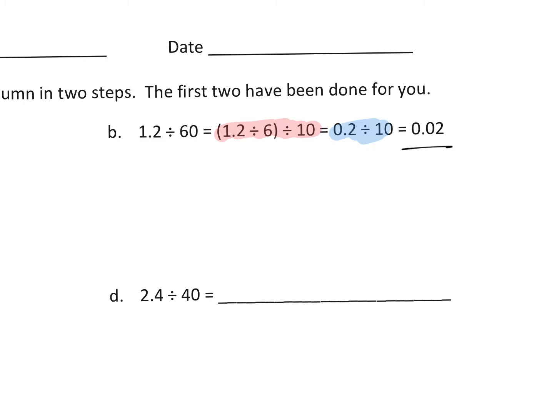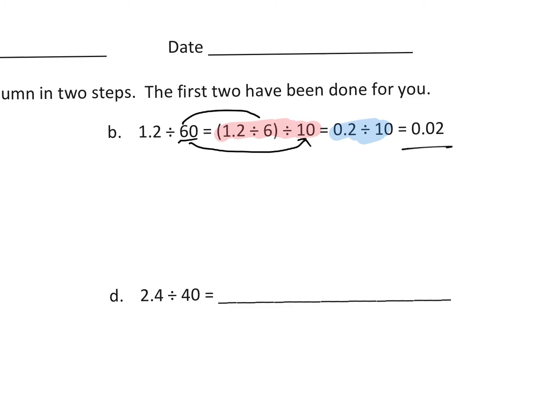So how did we get this? Well, let's stay on this one. The way that we split that up is, this 60, we could think of it as a 6 times a 10. So we treated this as 1.2 divided by 6 divided by 10, right? Because that 60 is really a 6 and a 10 together.